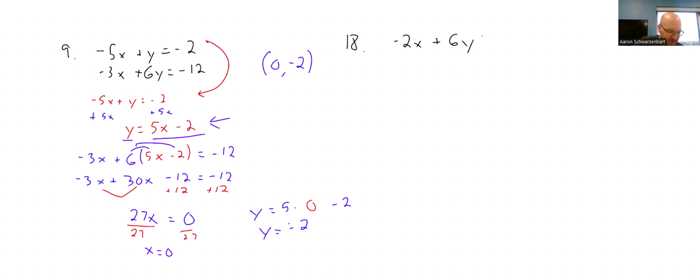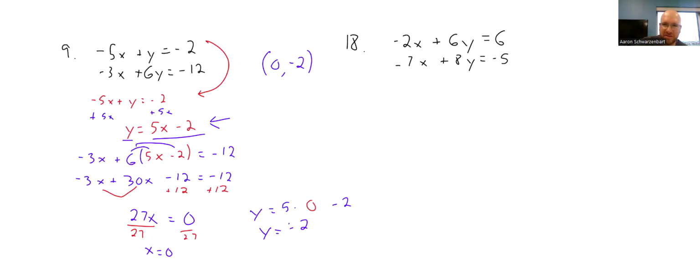Okay, last one we're going to do is number 18. This just happens to work out that I'm going to choose the top equation again to solve for. My logic here, I'm going to solve for x in the top equation. And the reason behind that is that's the smallest coefficient. The coefficients negative 2, 6, and 6 are all even numbers.